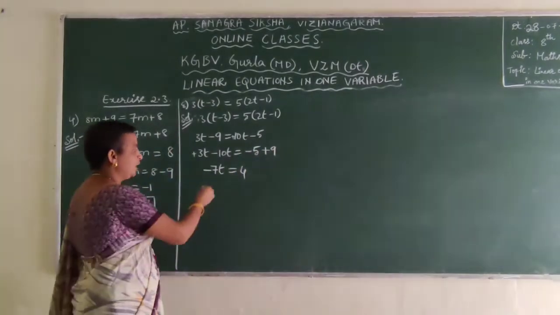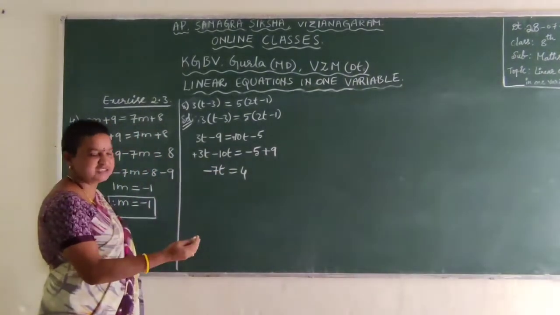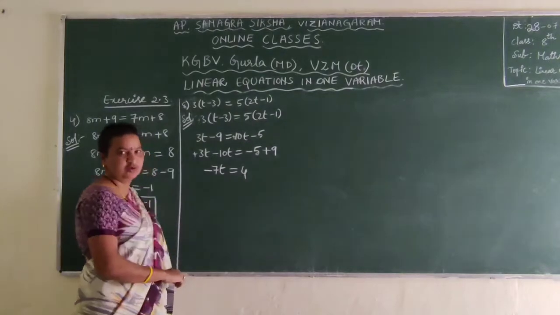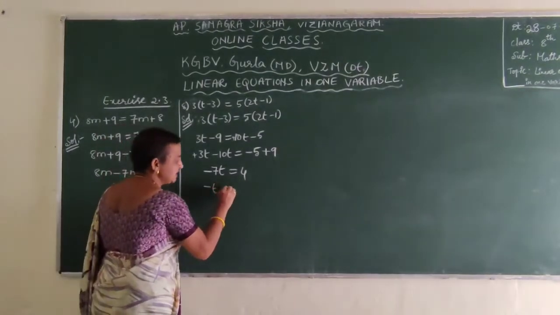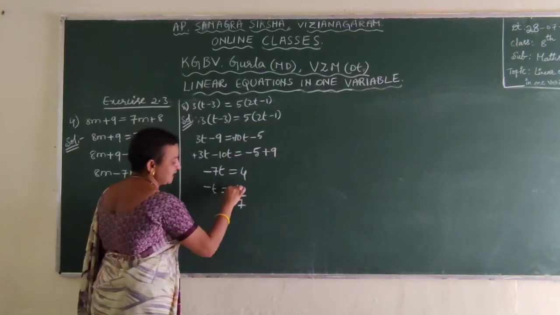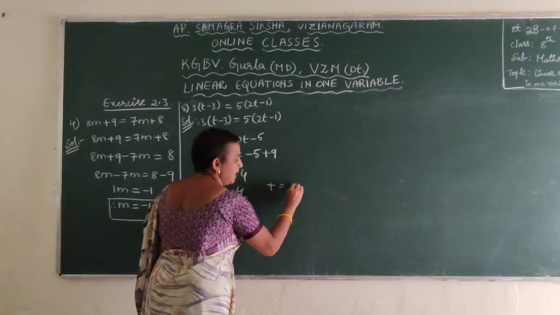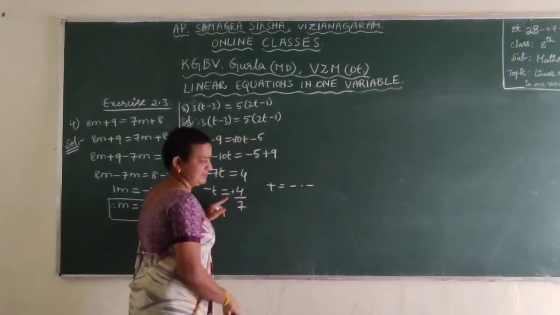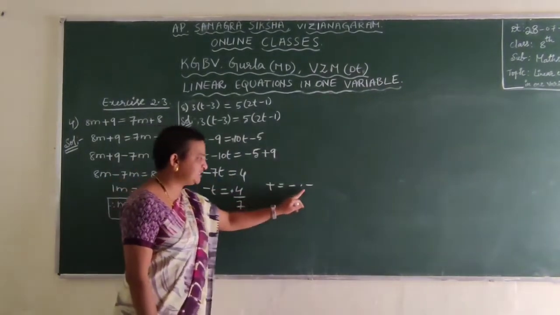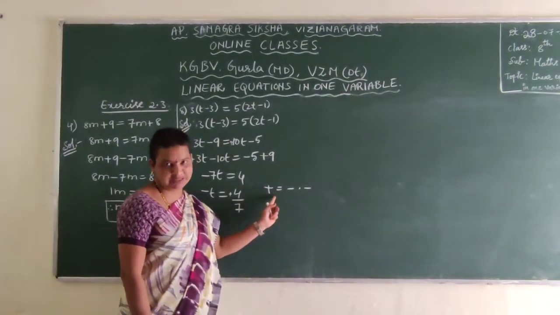Okay, children. Now here 7 multiplies t. If we transpose it, it divides the term 4. Minus t is equals to 4 by 7. Here is the sign plus. Plus means minus into minus. That means there are 2 minuses in 1 plus.